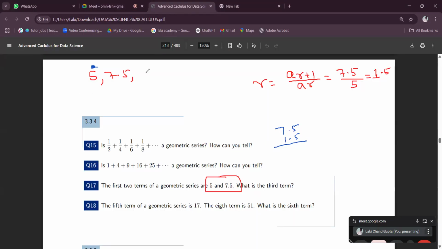So the next term will be 11.25. And again when you multiply 11.25 by 1.5, you will get the fourth term. Yes, the common ratio is important. How can you get the common ratio? Divide two consecutive terms.